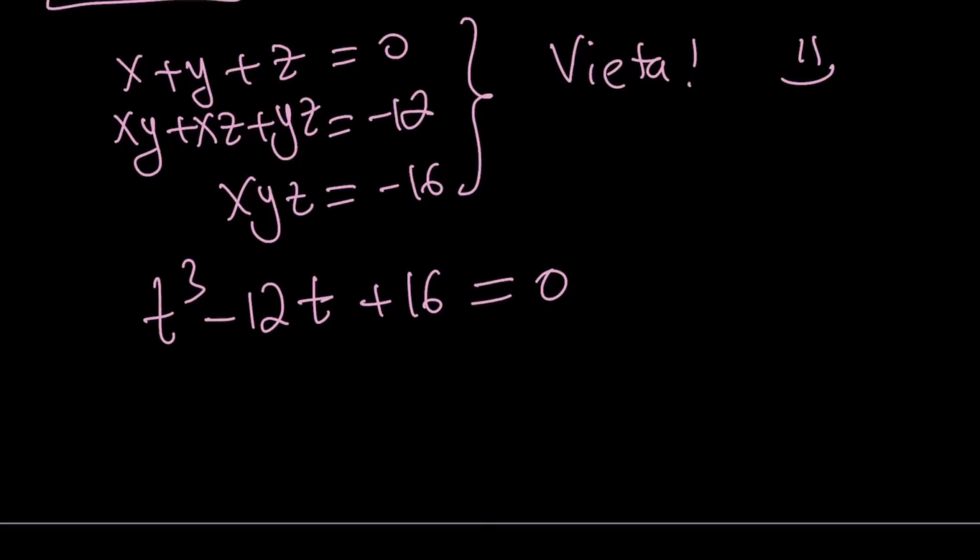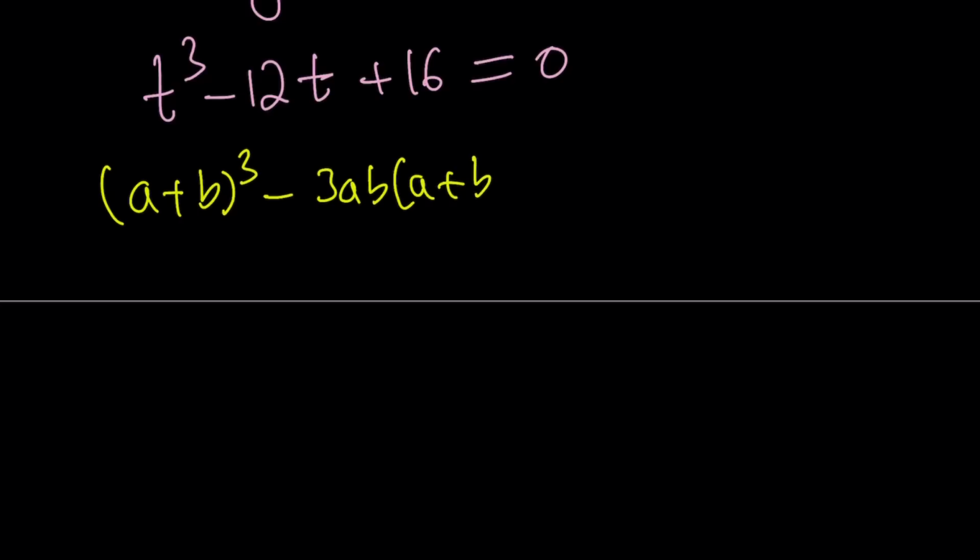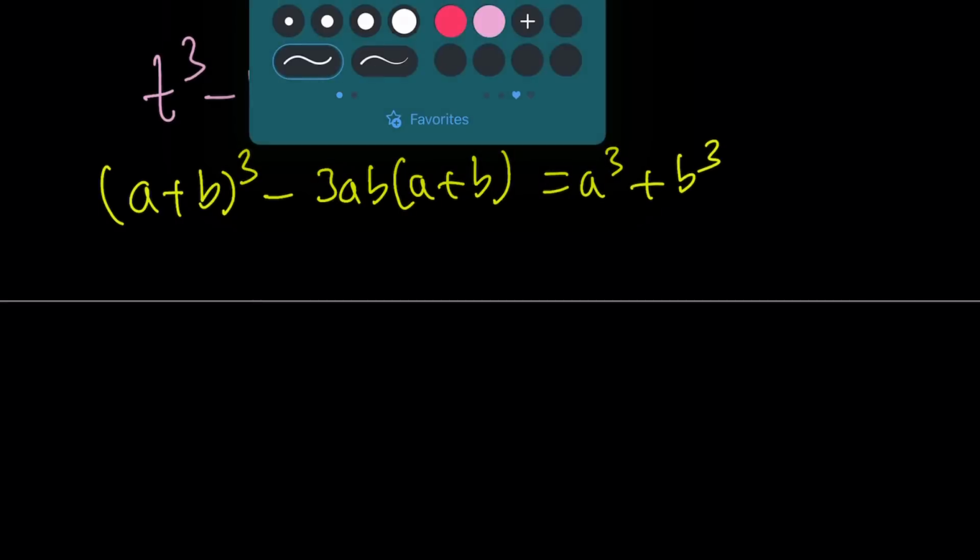Now, we have two options here, either the cubic formula or rational root theorem. So let me go ahead and quickly show you how the cubic formula works here. I think we've done quite a few videos on cubic formula, and it's kind of fun. If you go ahead and take a look at this identity, a plus b quantity cubed minus 3ab times a plus b, that is equivalent to a cubed plus b cubed. And this is the critical part about our cubic formula.